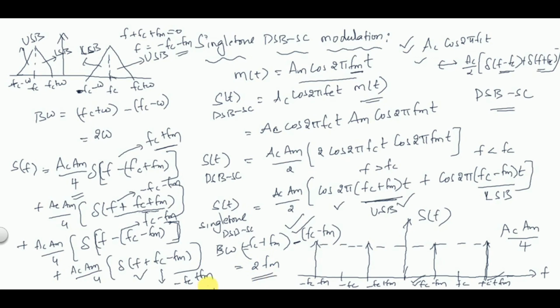So in the normal case the bandwidth is equal to twice the message signal bandwidth, and in the single tone case of DSBSC also it is equal to twice the message signal bandwidth.